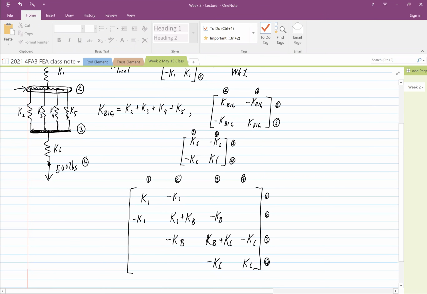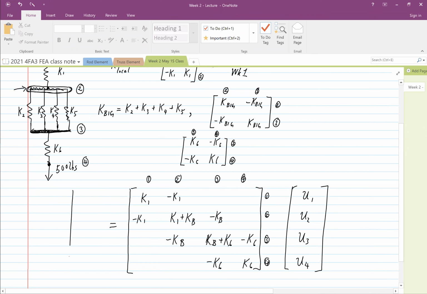Okay, tell me, do you have any questions so far? I have 3 individual local matrices, and I join them together. Okay, we write in the force vector, the displacement vector, U1, U2, U3, and U4.